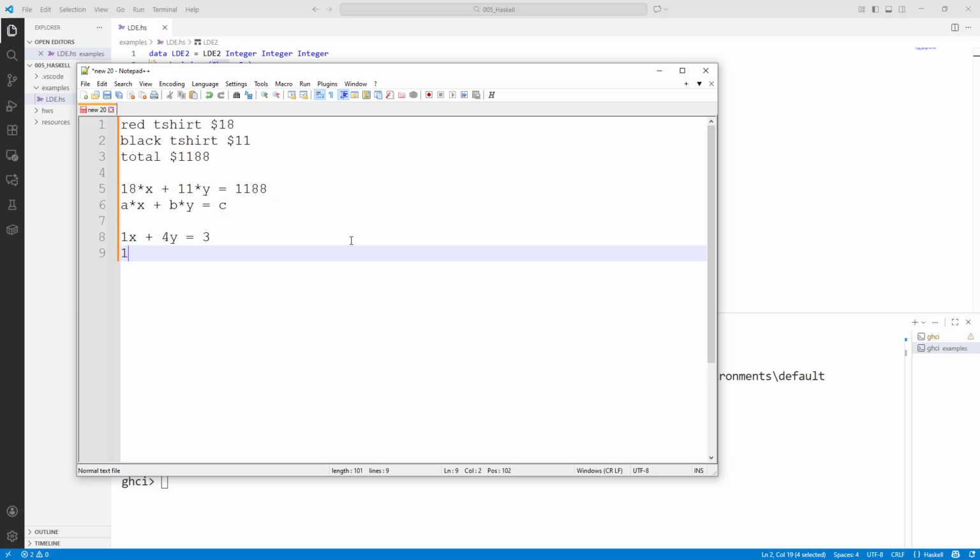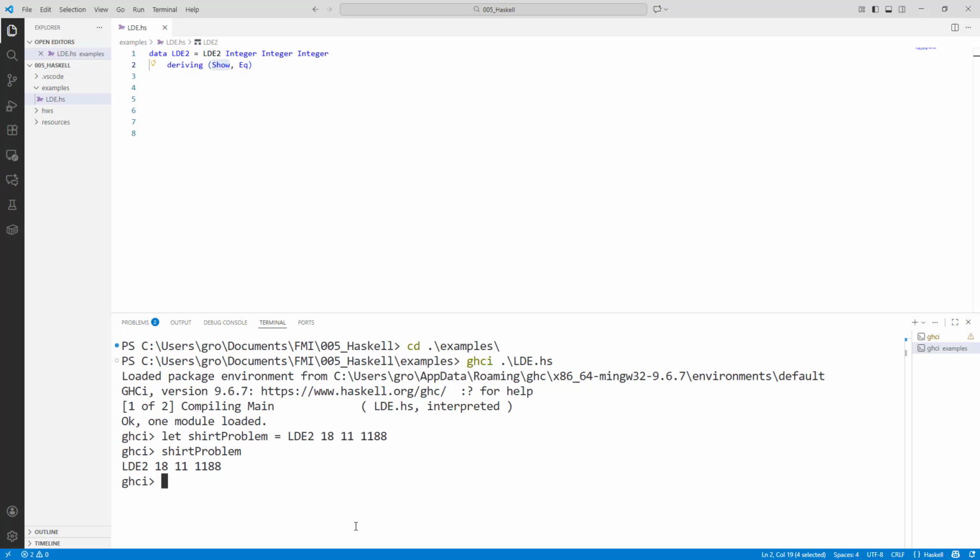I can answer immediately. 1 times 3 plus 4 times 0 is automatically 3. So let's say simple problem would be LD2, and then we should have 1, 4, 3. And if we call it, it would be there.